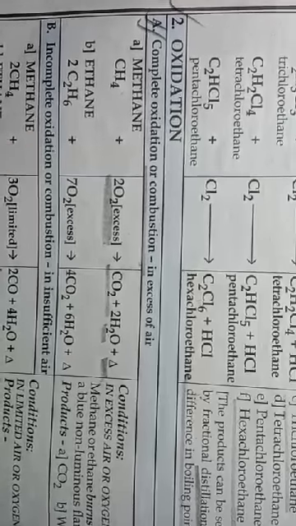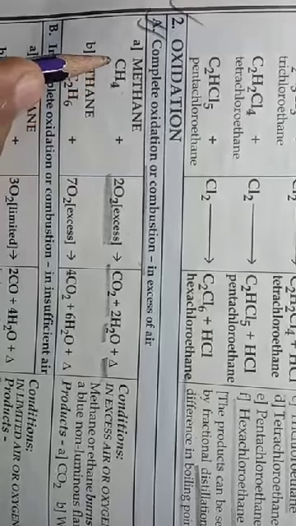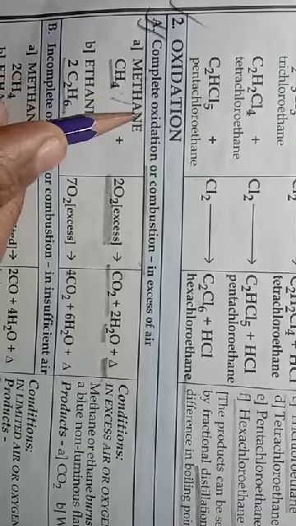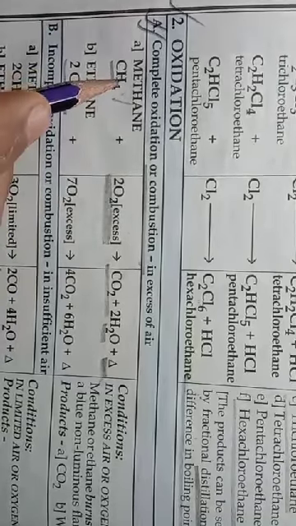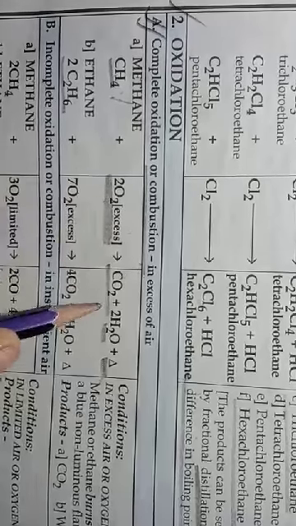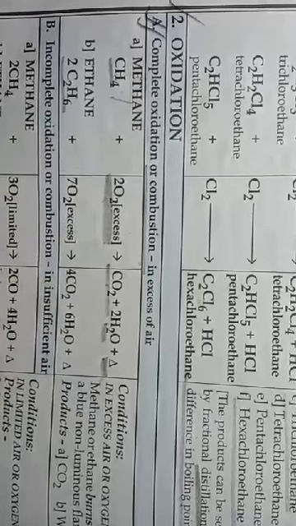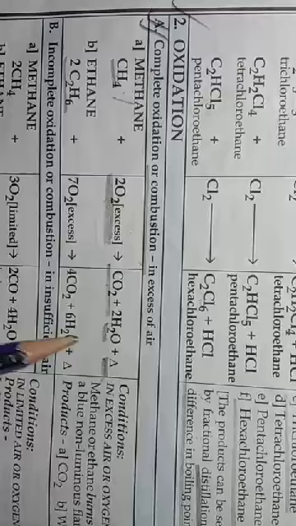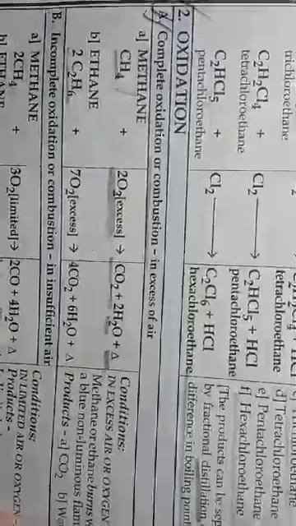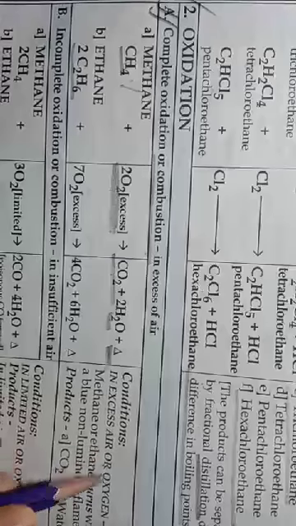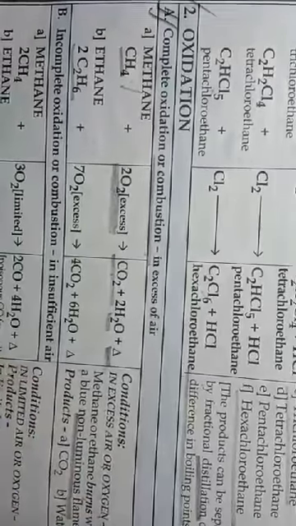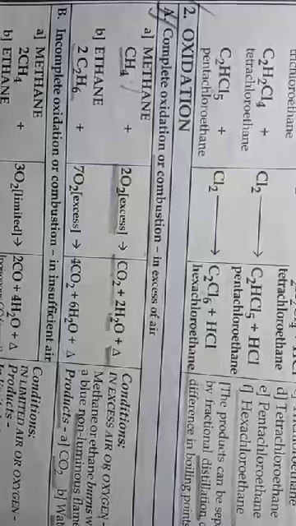Here methane or ethane is given, but you can take any organic compound, and under complete combustion it will form CO2 and H2O. In excess air or oxygen, methane or ethane burns with a blue or non-luminous flame. Products are CO2 and water.